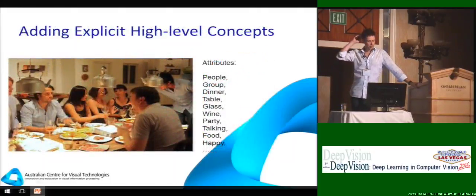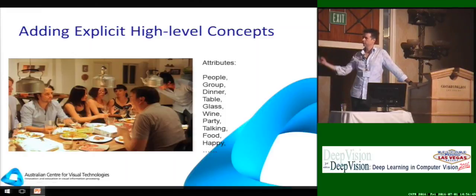Our first idea was that you should add explicit high-level concepts. We call these things attributes, which isn't a great name for them really, but they're attributes of the image, not attributes of the objects in the image. Attributes is a kind of loaded term. But what we really do is try to figure out what's in the image that a human would recognize.